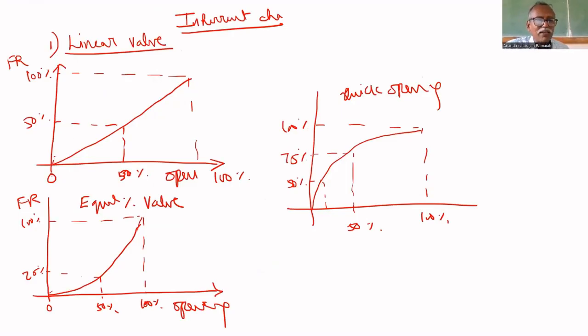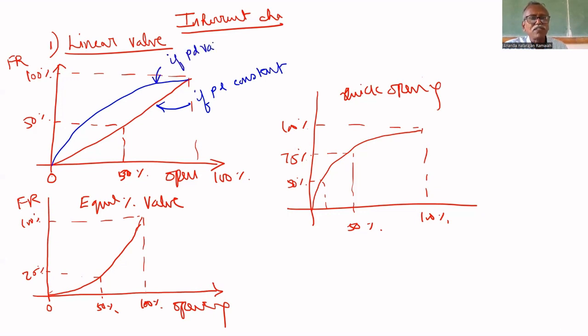The linear valve will look like this. This characteristic is for constant pressure drop. This characteristic is when the pressure drop varies as a function of flow rate.